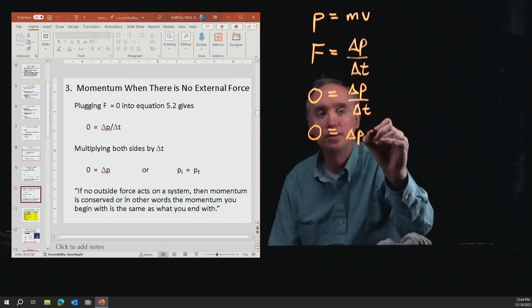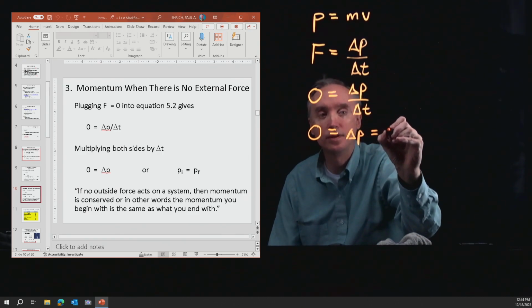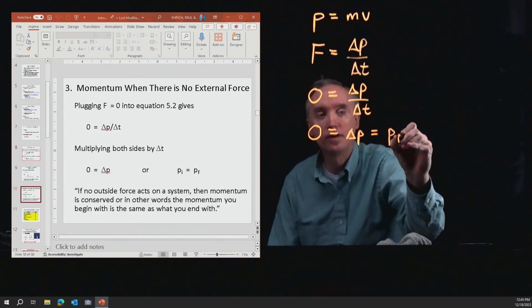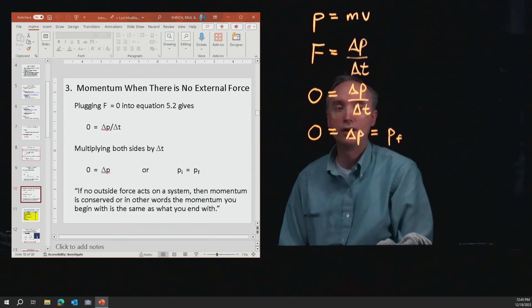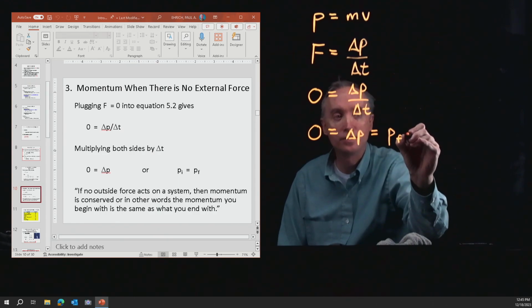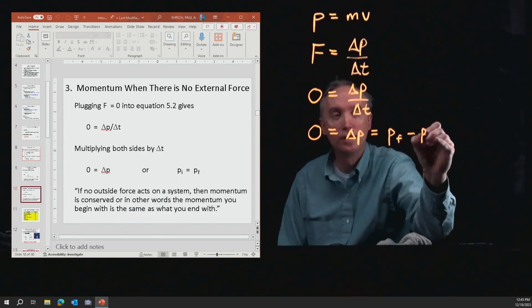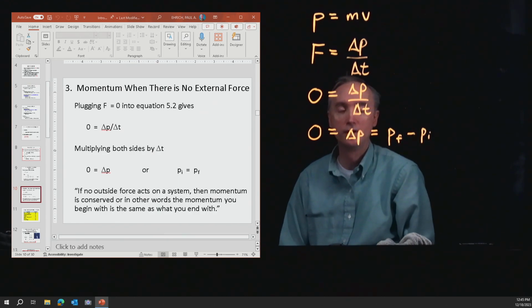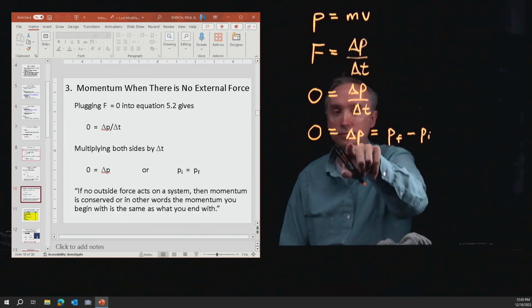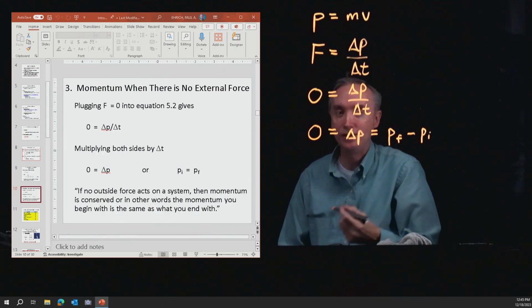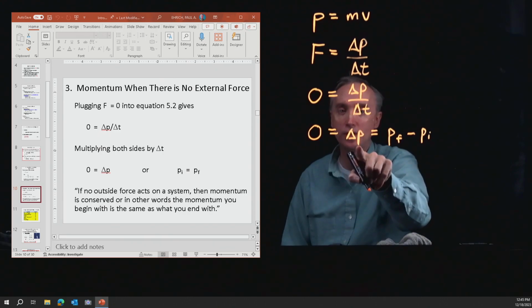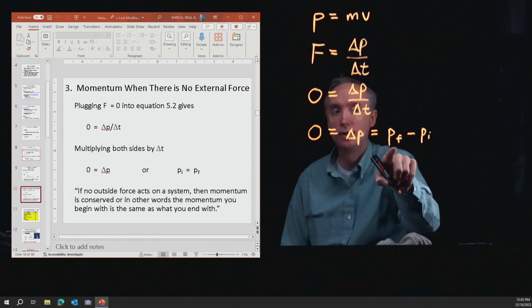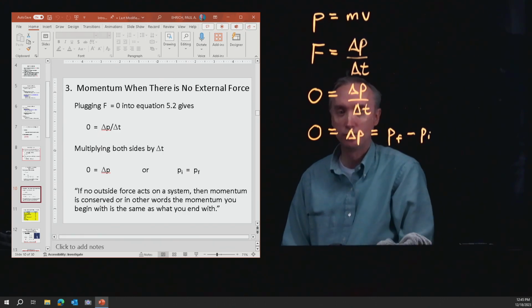But the change in momentum of the system is going to be the final momentum of the system minus the initial momentum of the system. That's what delta means, the change in something. So the change in momentum is the final momentum minus the initial momentum.